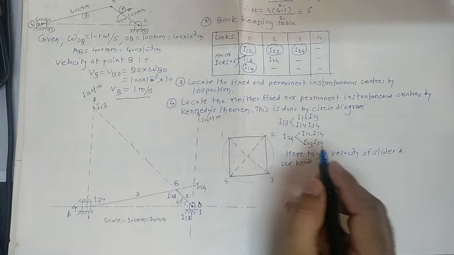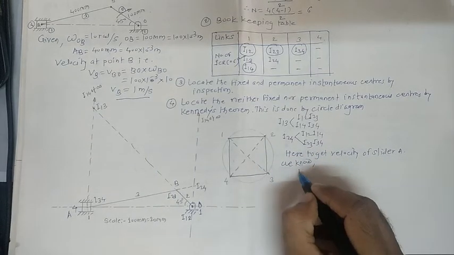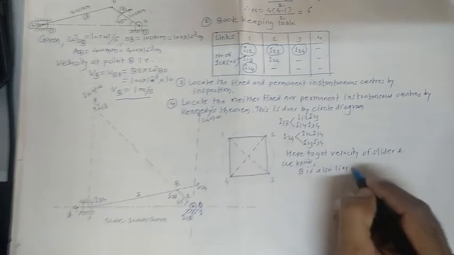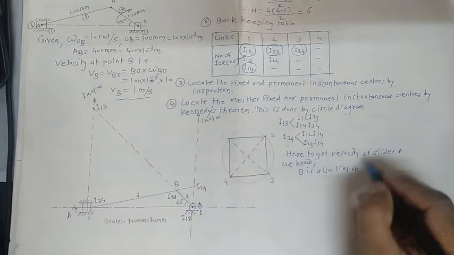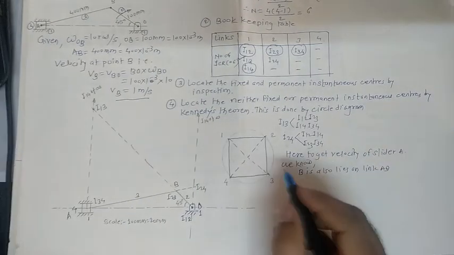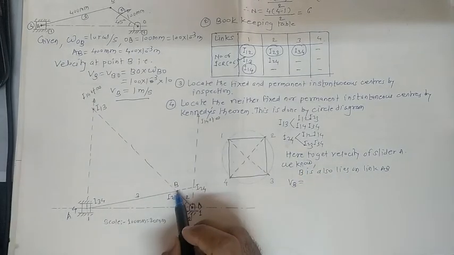Now we can write the relation for BO. We know B also lies on link AB. Now with respect to that B, we can write in this way.